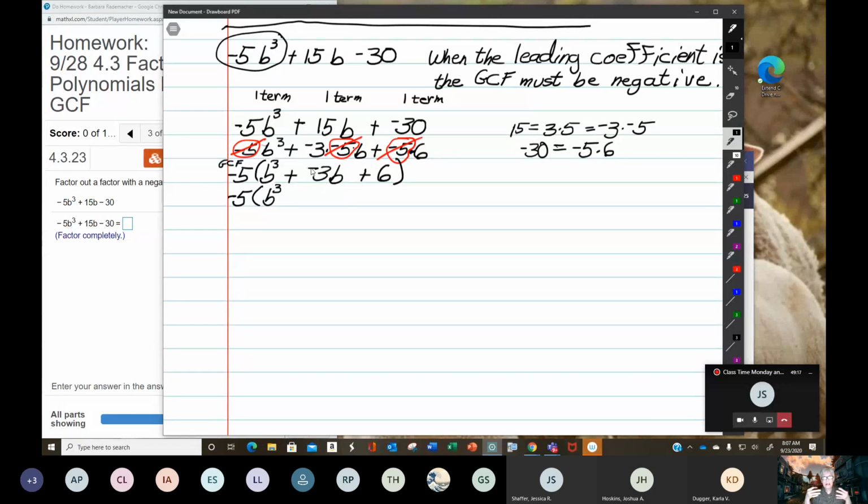Plus and minus attract each other, and whoop, they become a minus. Because plus times minus is minus. So plus a -3b would be -3b plus 6. And there we go.